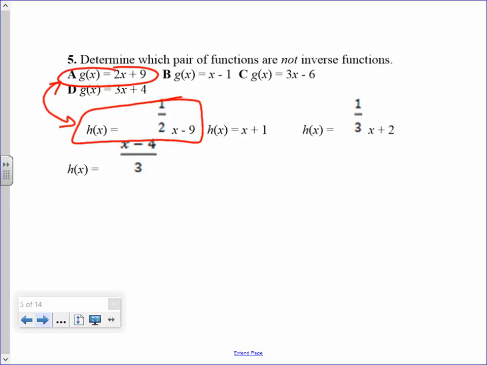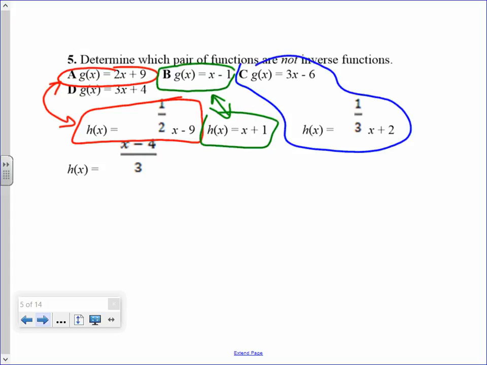B is these two. C is the next one, the 3x minus 6 and the 1/3 x plus 2. And then D is those two.